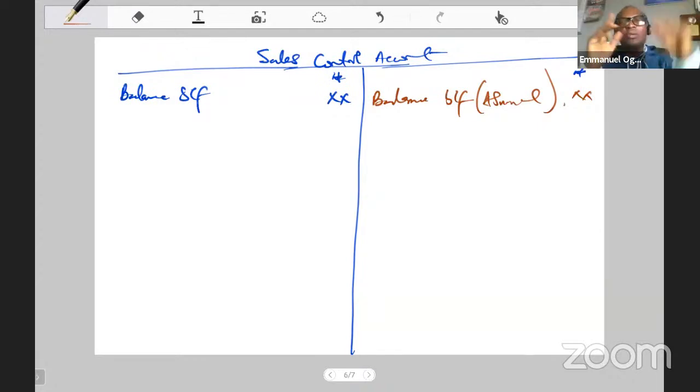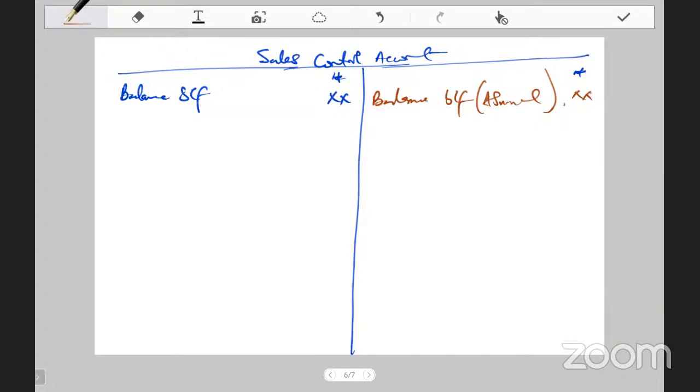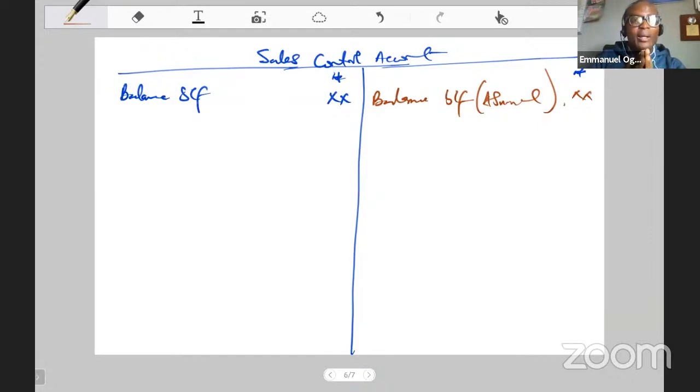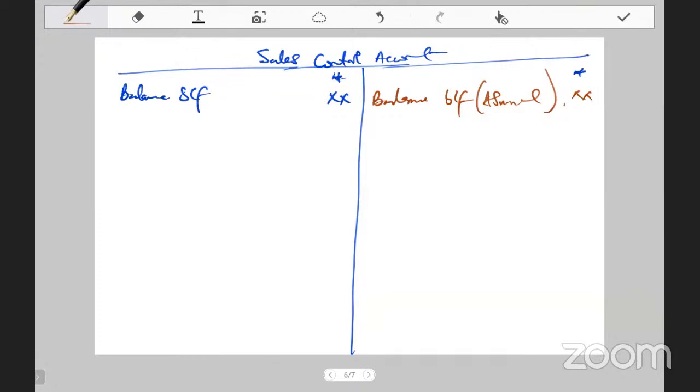Will it increase or will it reduce? The sales you are looking at here is credit sales. If one of your customers decided to pay, or you have received the money from your customer, the debt value that you are expecting from that customer, will it increase or will it reduce? It will reduce.